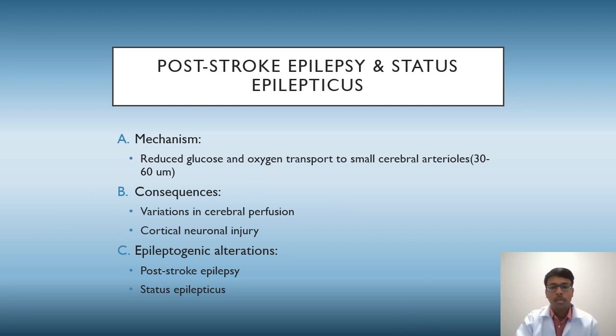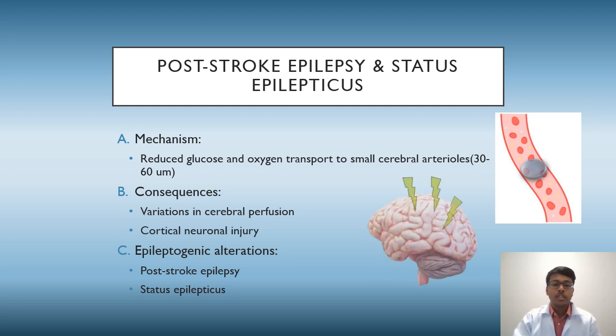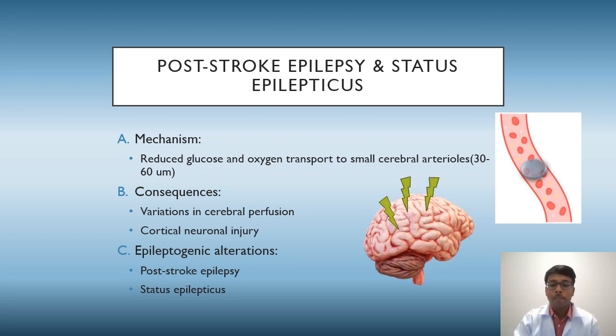So, the post-stroke epilepsy and status epilepticus: the aforementioned three mechanisms lead to reduced glucose and oxygen transport to the small cerebral arterioles, which can be as small as 30 to 60 micrometers. This leads to variations in the cerebral perfusion and also the mechanisms causing the cortical neuronal injury, which eventually leads to the epileptogenic alterations which cause post-stroke epilepsy or status epilepticus.